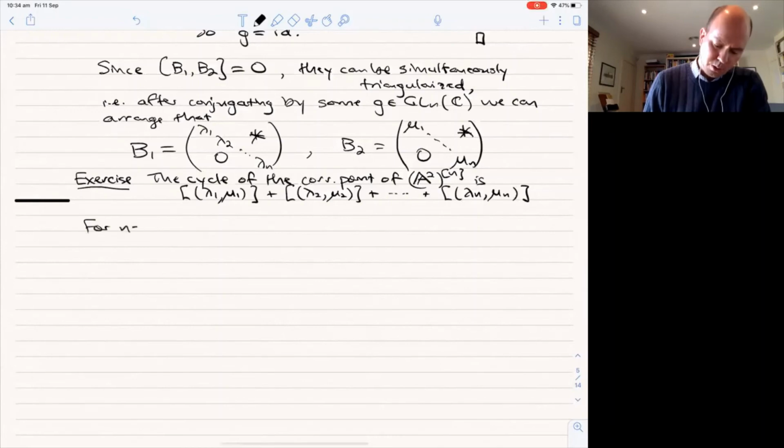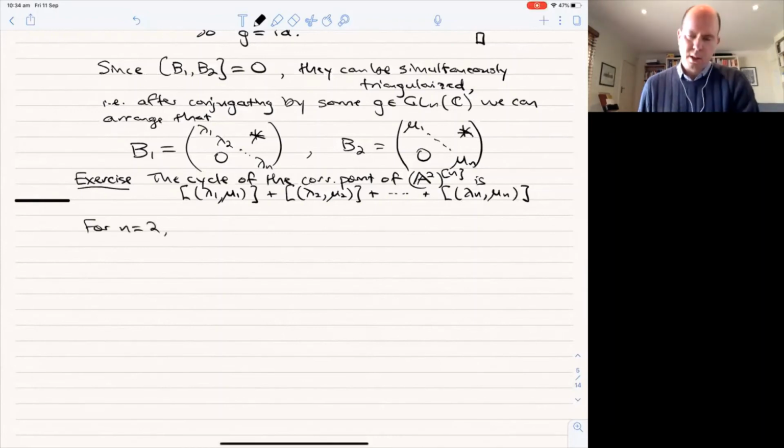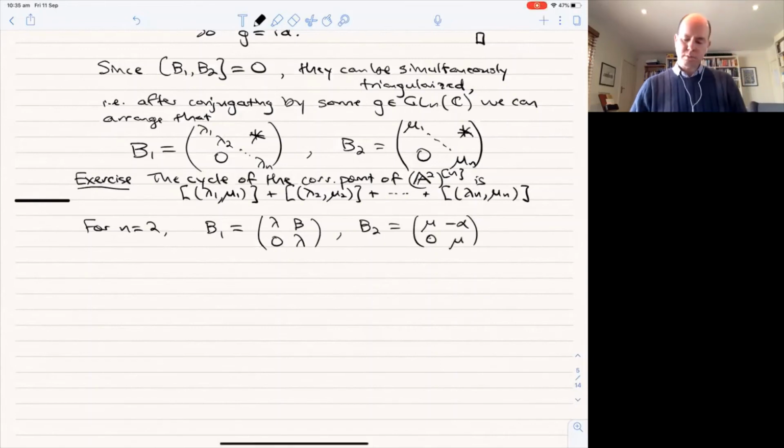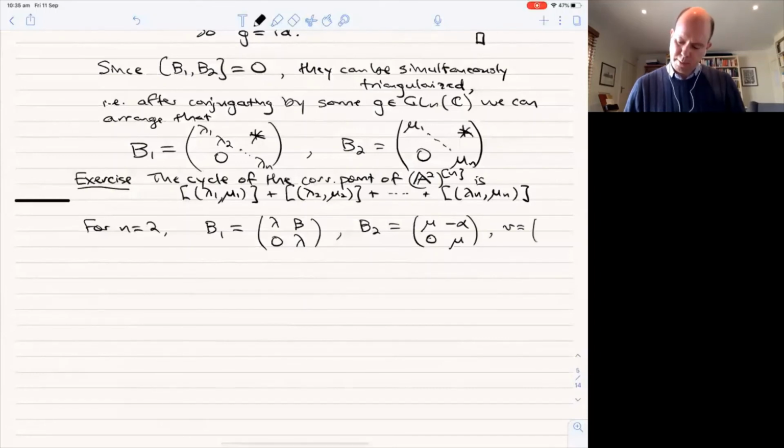For n equals 2, if you take B1 to be the matrix with lambda, 0, beta, and B2 to be mu, 0, I guess minus alpha, and v can be the vector (0, 1).